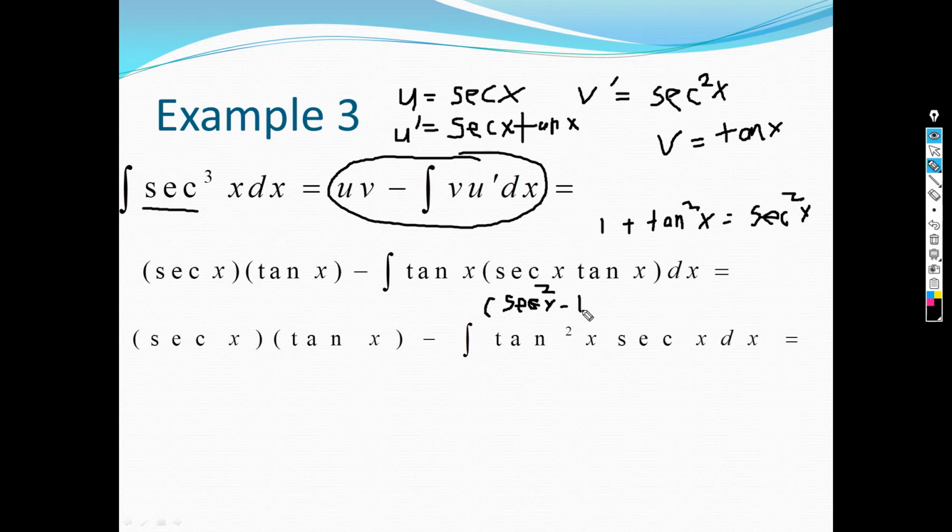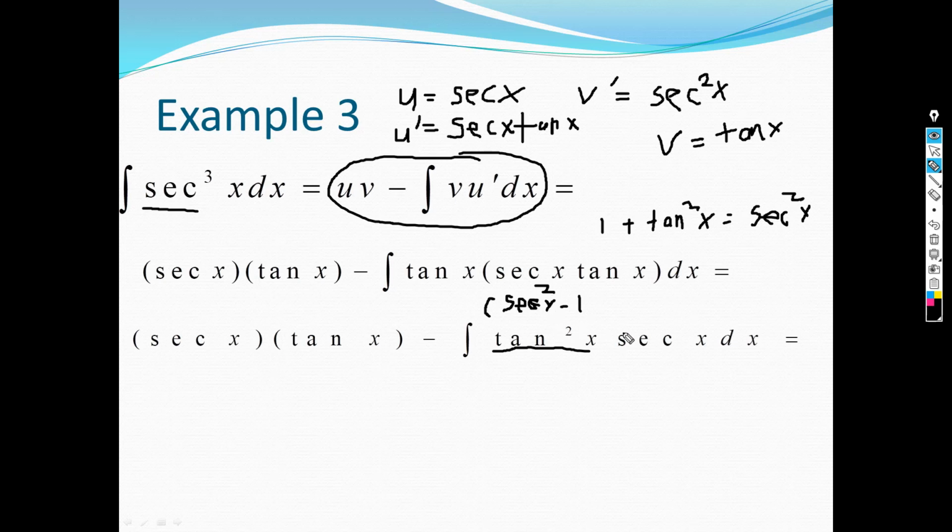And then I would multiply that by secant x, so this would give me secant cubed of x minus secant of x. So again, making the substitution for this right here, and then multiplying by secant of x, I will get secant of x cubed minus secant of x.